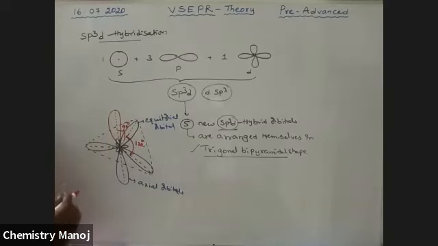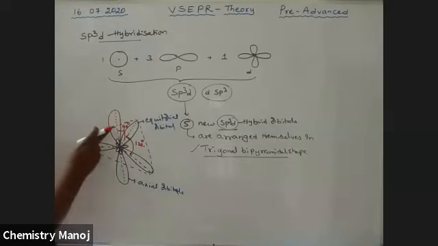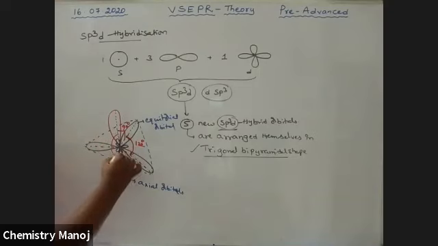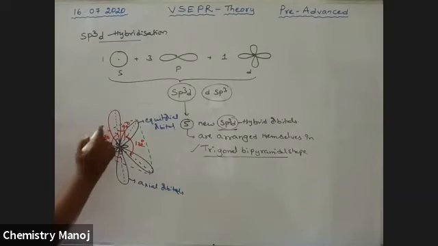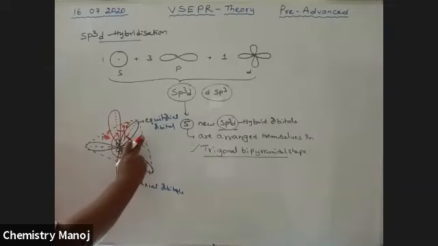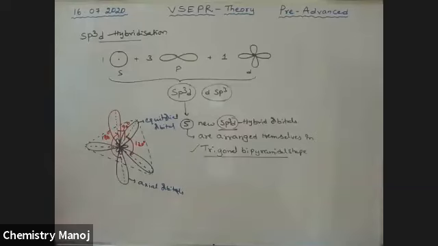Between these 2 orbitals, the red lobe and blue lobe, the axial orbitals, the angle is 180 degrees. So the angle between axial orbitals is 180, the angle between 2 equatorial orbitals is 120, and the angle between axial and equatorial is 90. These are the bond angles.